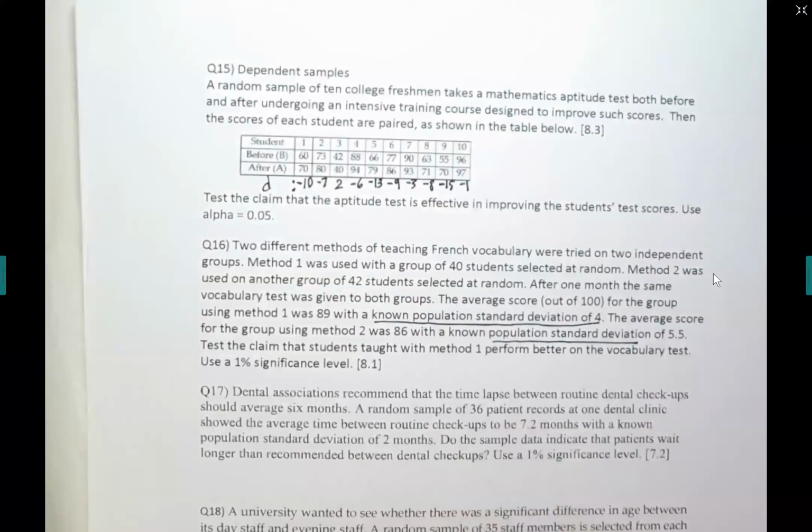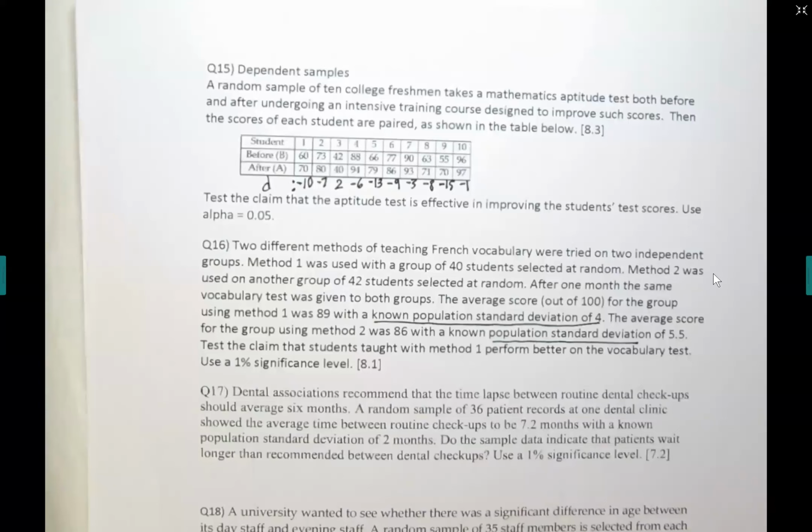Again, guys, how do you figure this out? Look what you do. You say, if the test is gonna improve my score, that means if I get 50 first time, next time I'm gonna get 60. I'm gonna get a better score, and subtract 50 minus 60. If you get a positive answer, you test it's positive. If you get negative answer, you test it's negative. What is it gonna be, guys?